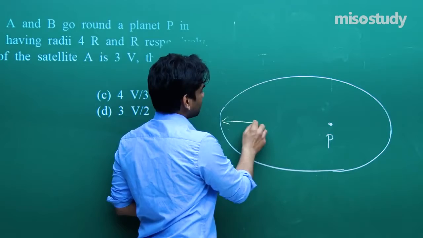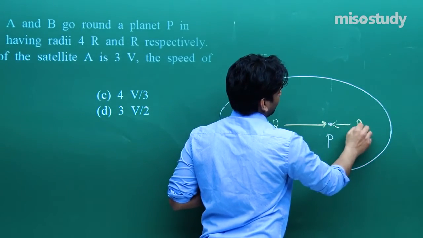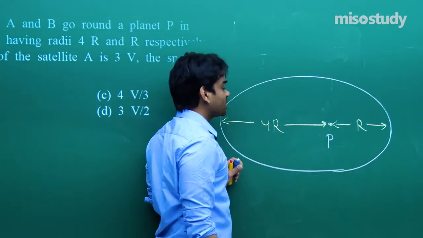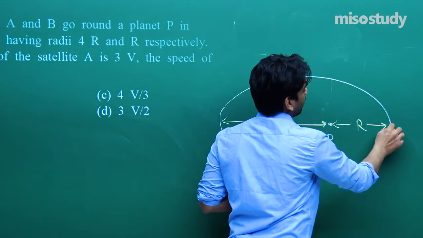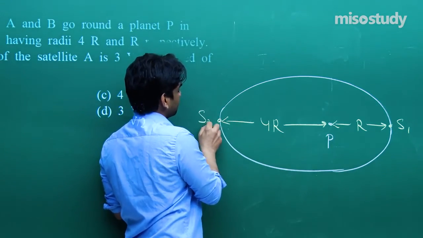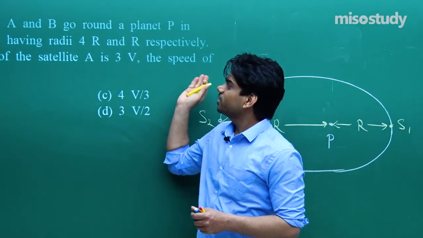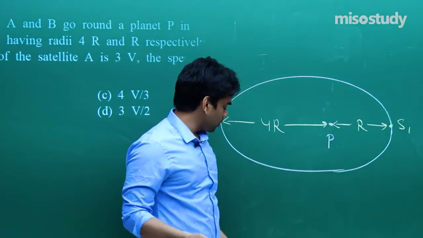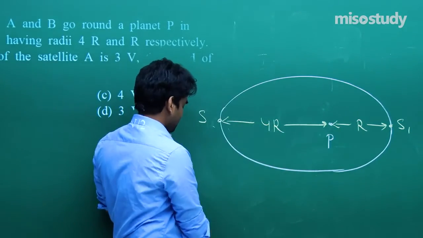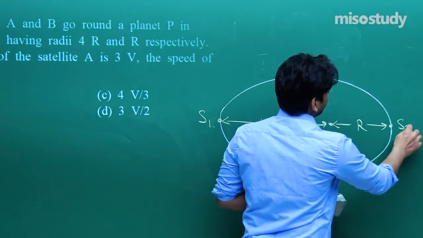This radius is 4r, this radius is r. Now it's given that this is satellite 1, this is satellite 2. Let us mark this. Satellite 1, satellite 2 we have marked, having radii 4r and r respectively. Just change this, that will be easy and convenient for our calculation.